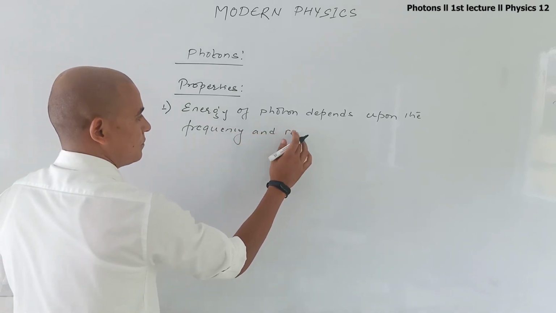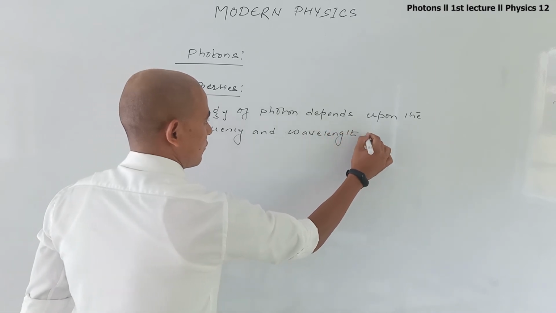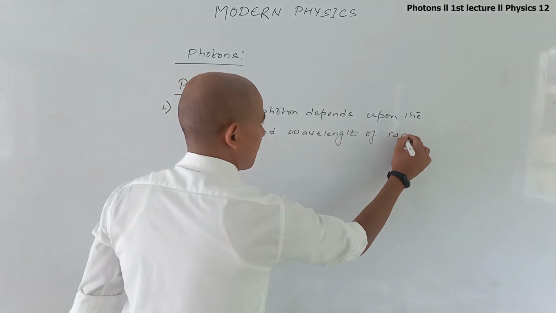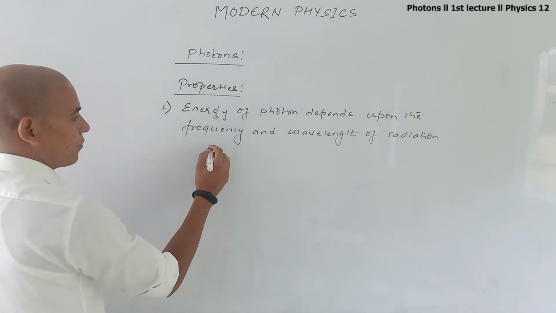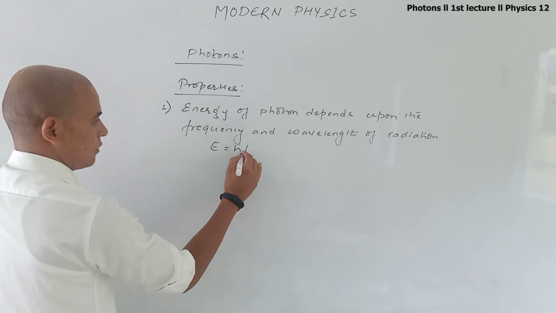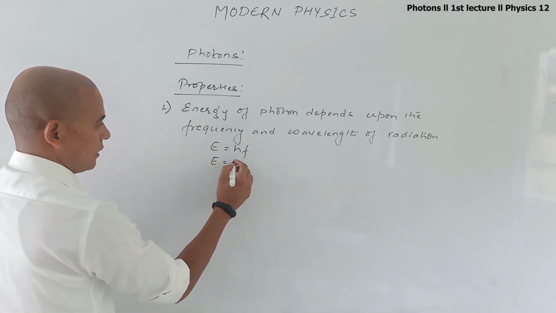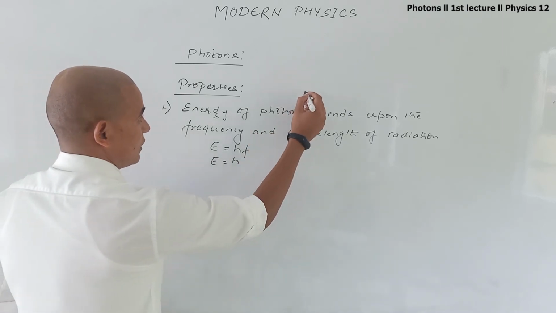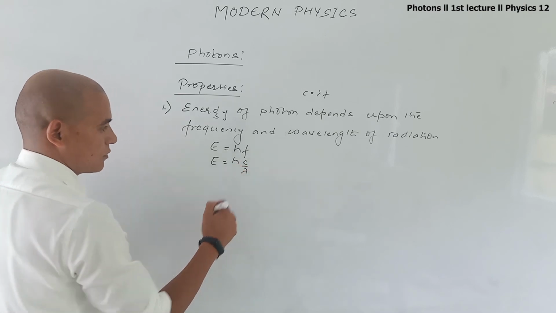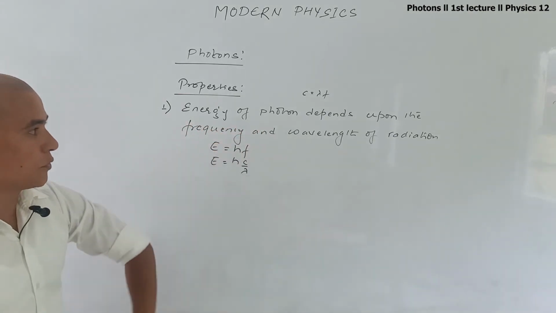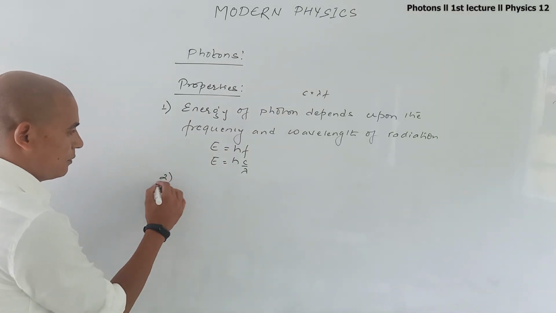That is, E equals hf. Since c equals lambda f, f equals c by lambda. So we can say that the energy of a photon depends upon the frequency and wavelength. This is the first property.